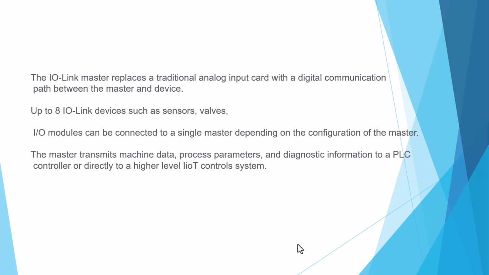Most IO-Link masters use 8 IO-Link ports, so the maximum is mostly 8 devices per IO-Link master. A device includes sensors and valves. A valve is an actuator that controls flow. I/O modules can be connected to a single master depending on the configuration of the master.